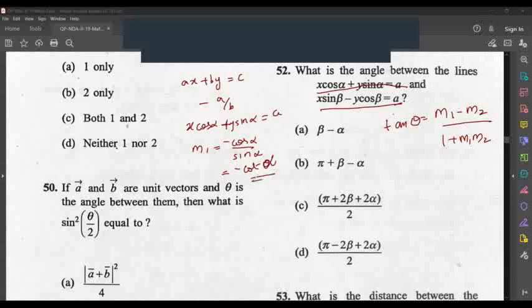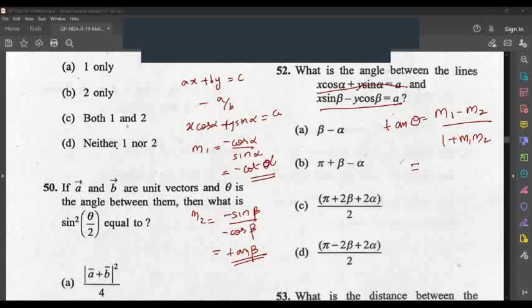Now, what about m2? m2 is equal to minus sin beta by minus cos beta, minus a by b, isn't it? So that is tan beta. Okay, this much is clear? Yes.